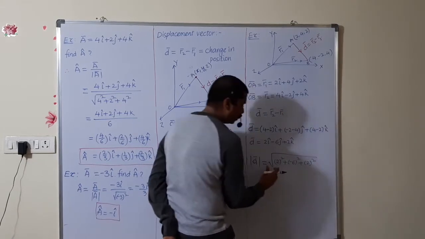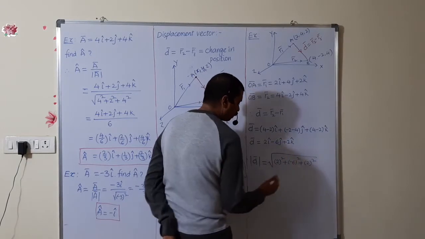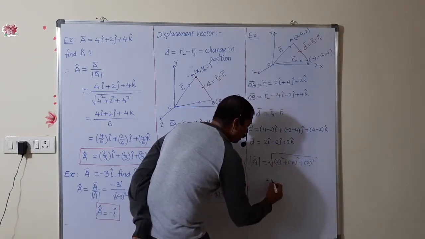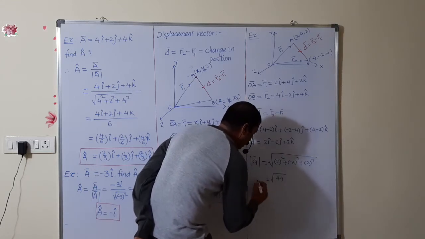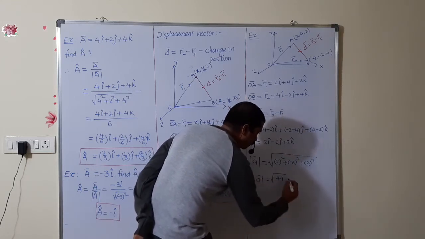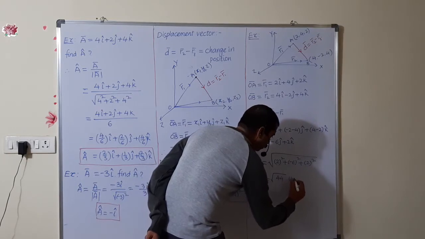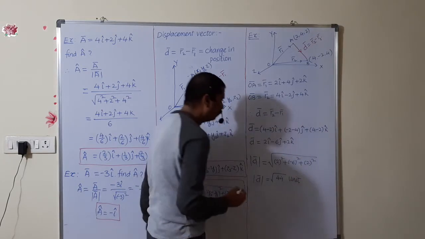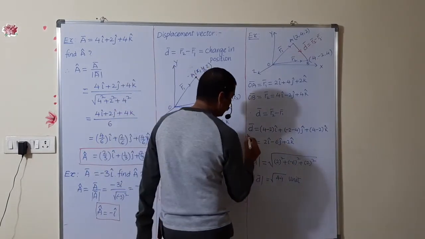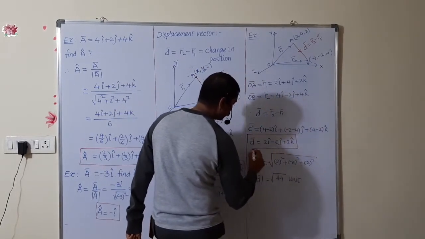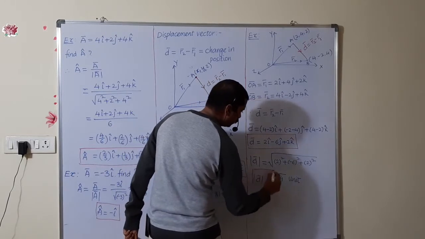Now what is the value? 4 plus 36 plus 4, that is 44 under root. Then the magnitude of d vector is under root of 44. This is the displacement vector.